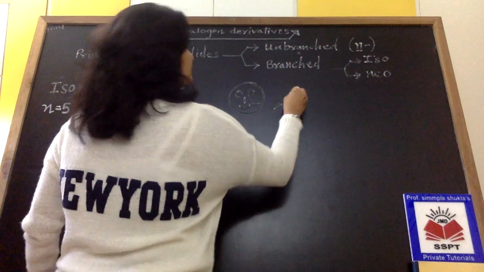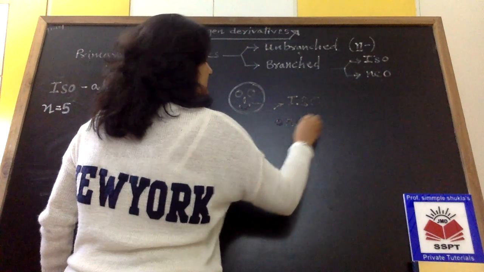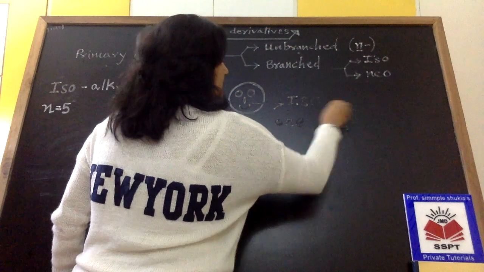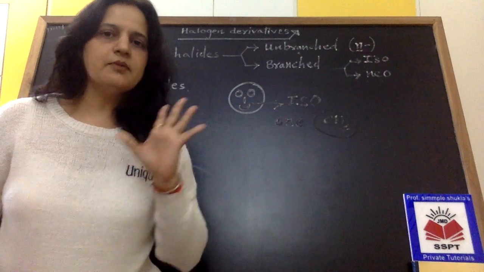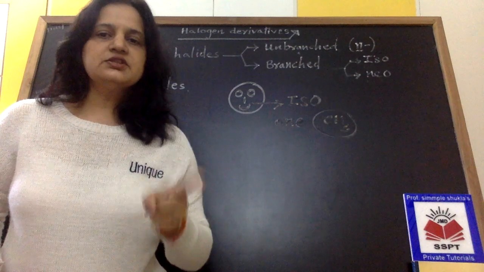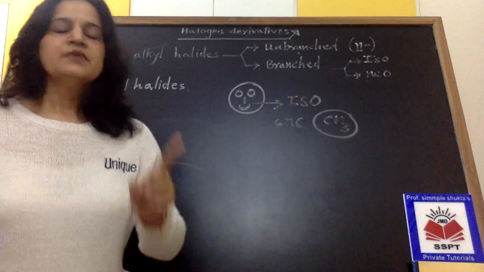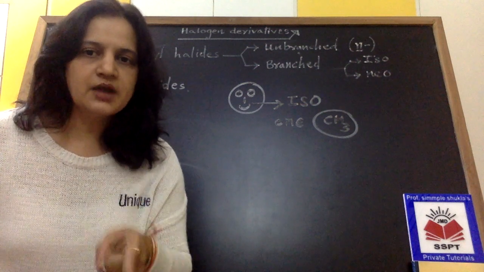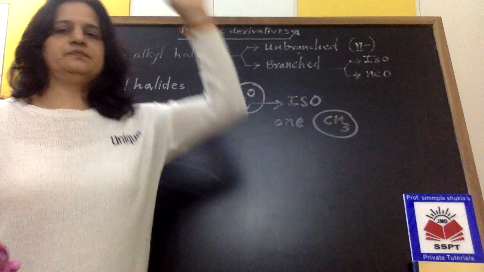Trying to say, what does iso mean? Iso means one umbrella branch on the second last carbon from the functional group.